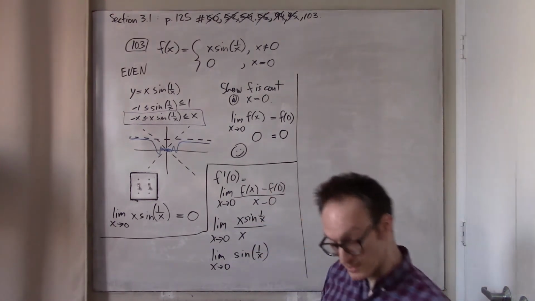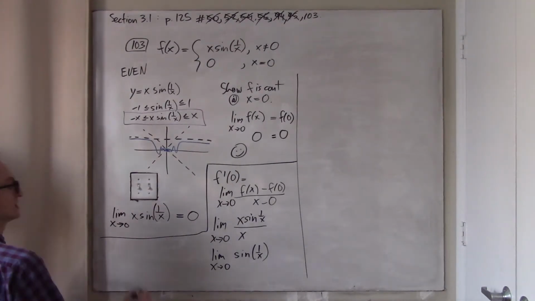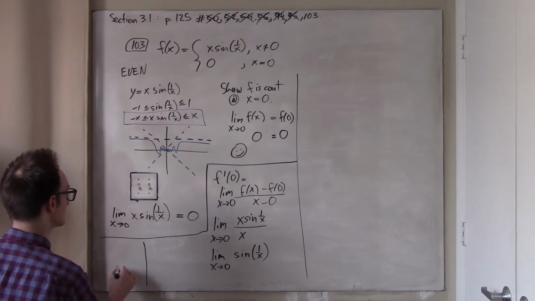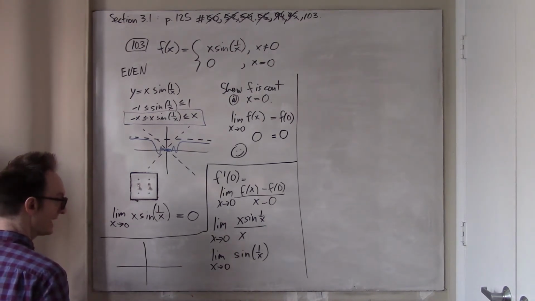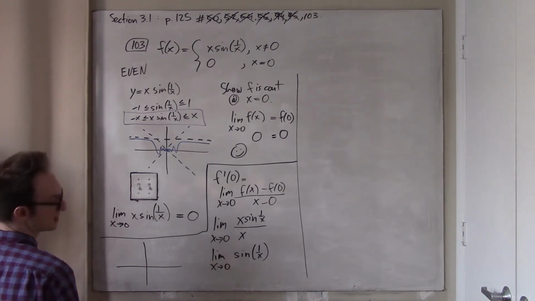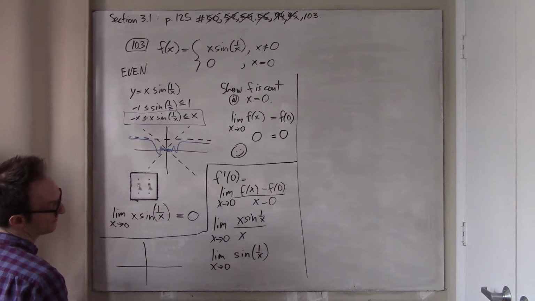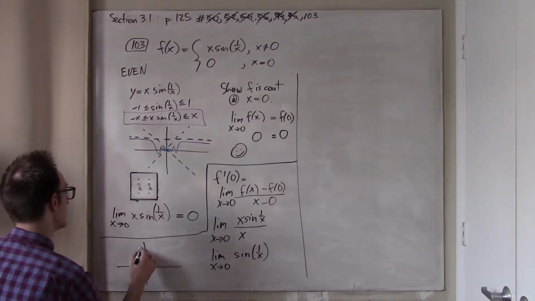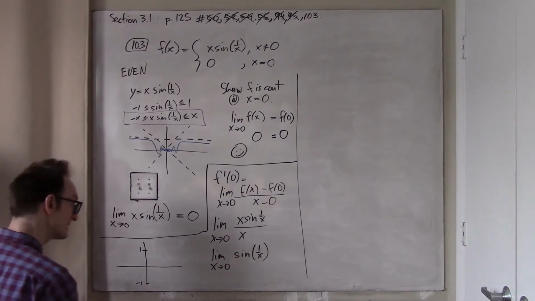And what is that? Well, that requires a bit of background knowledge, which you have, about this sine 1 over x function, which we have now seen many times. What does it look like? It's bounded between -1 and 1. It is odd.